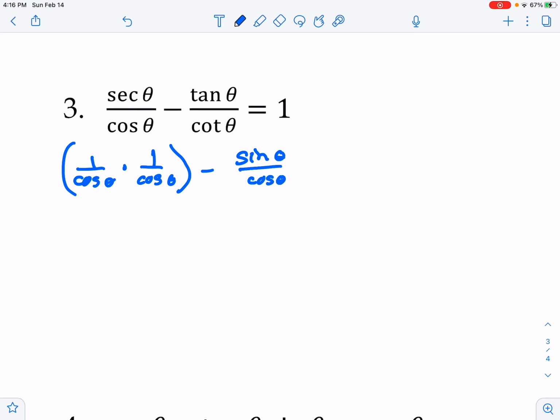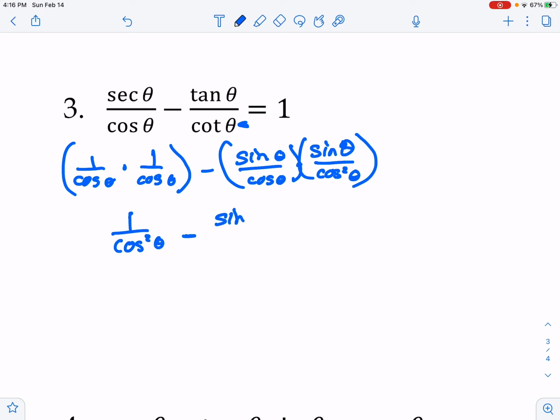The cotangent is cosine over sine, but you're multiplying by the reciprocal, so the reciprocal is the sine of theta over the cosine of theta. So now this is 1 over cosine squared minus sine squared over cosine squared.